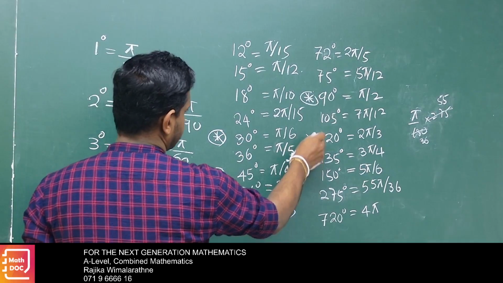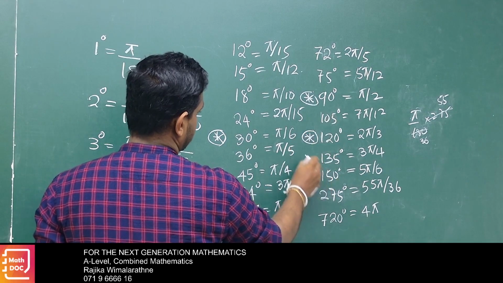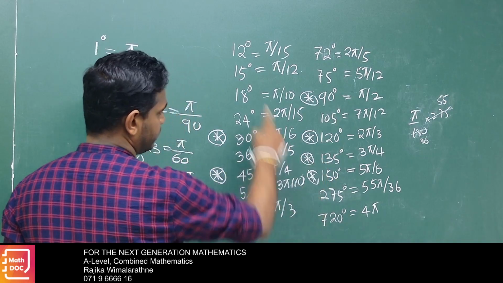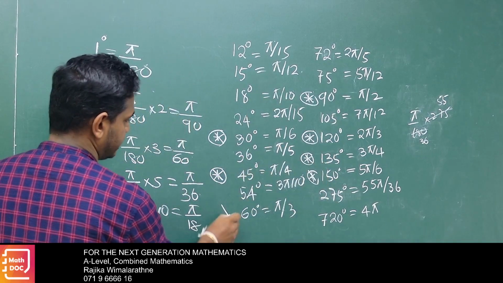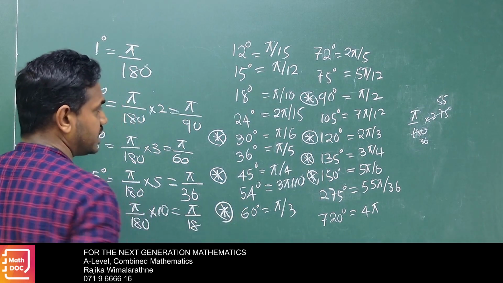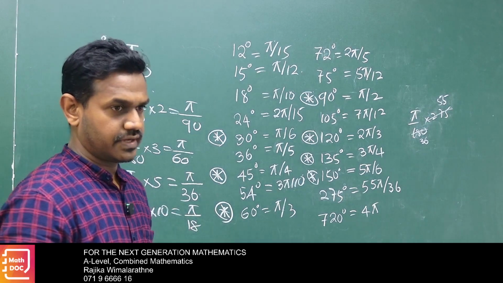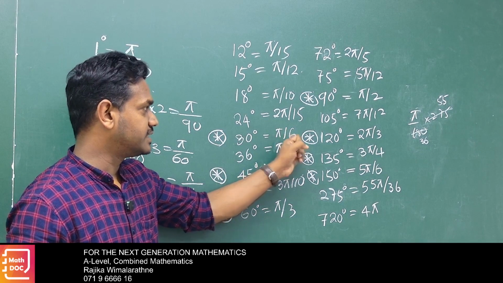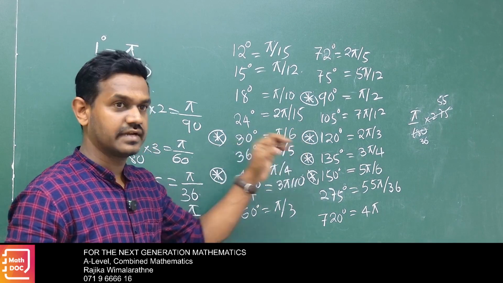Then 120, 135, 150, and 60 degrees, so usually we use them. These are special angles. It is better to remember directly: 30 degrees equals pi divided by 6. Likewise, you better remember all.